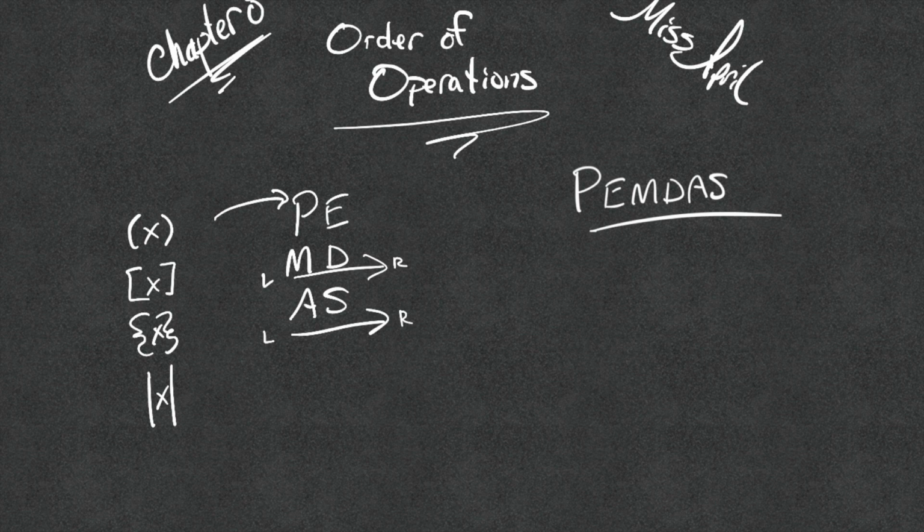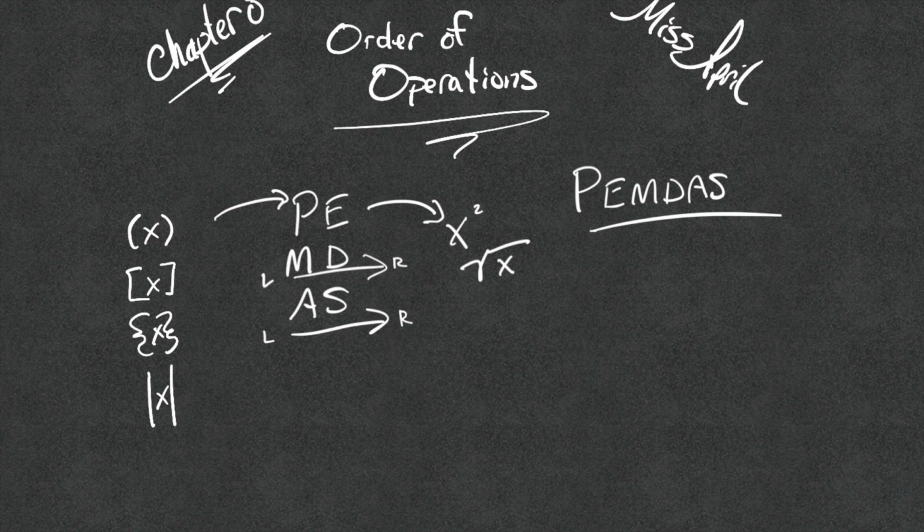They are symbols of inclusion. Now, this exponent doesn't just include exponents, but it also includes roots. So if you see any symbols of inclusion, you're going to do that first. If you see any roots or exponents, you'll be doing that before you do any multiplication, division, addition, and subtraction.